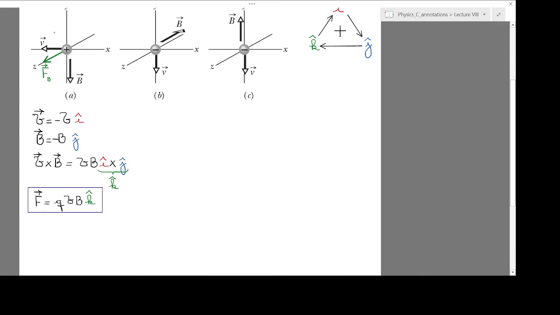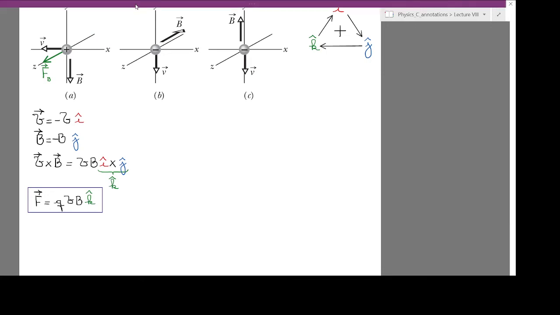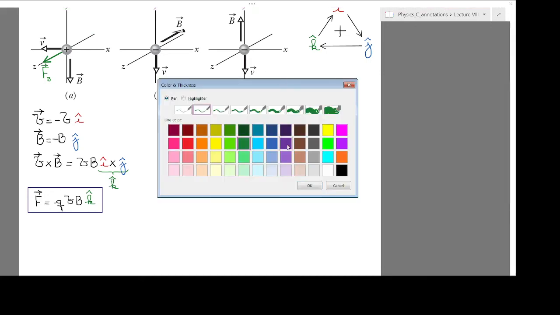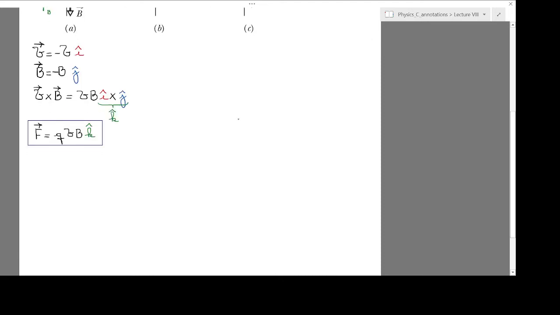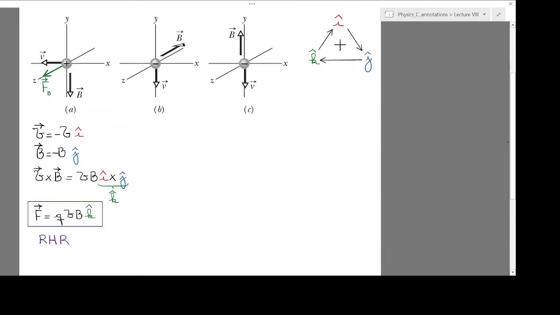Point your fingers here and thumb here, so that means that the force is going to be in this direction. The same, it doesn't matter. You can clearly use it to check if this is right, using any one of the three versions that I mentioned before and showed you.